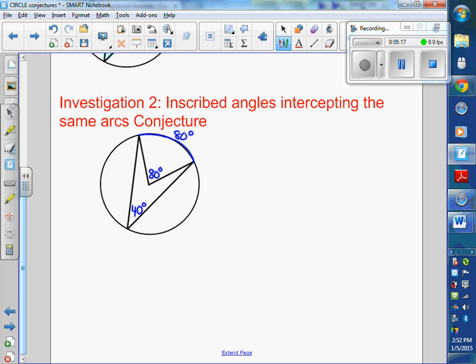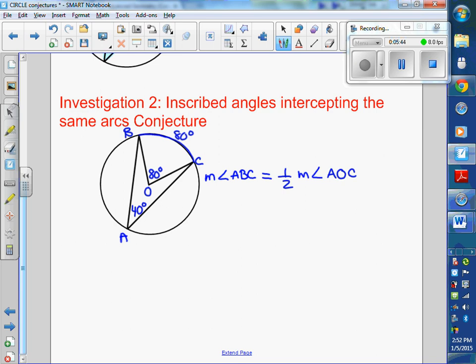Because if I label my picture, angle ABC has a measure that is equal to 1/2 the measure of angle AOC, where O is the center of the circle.